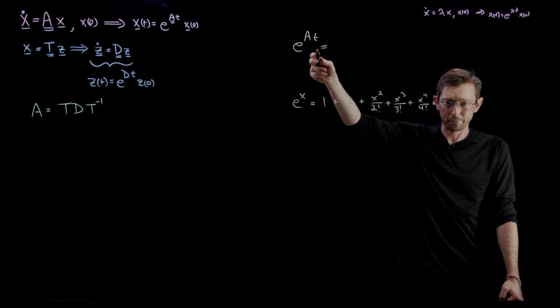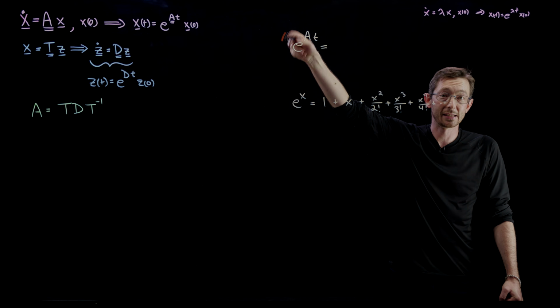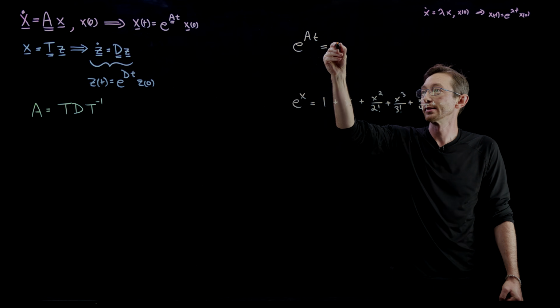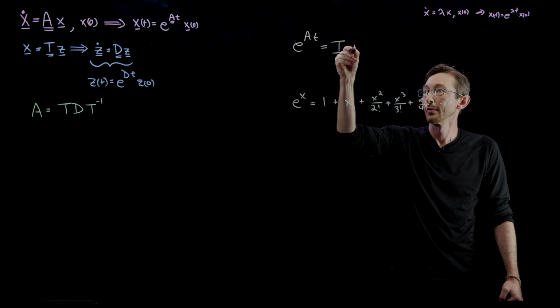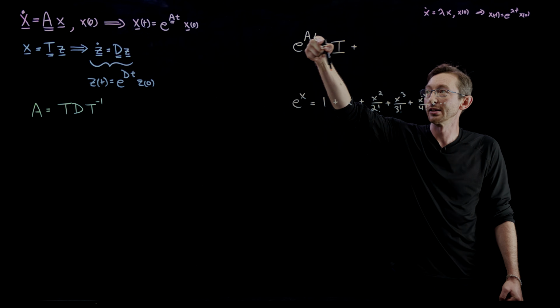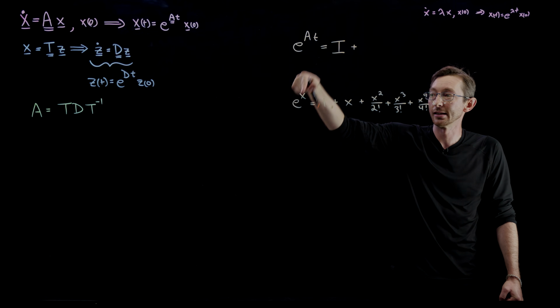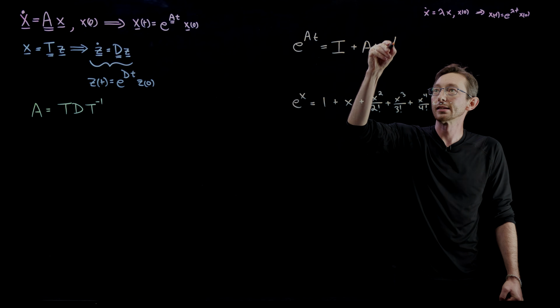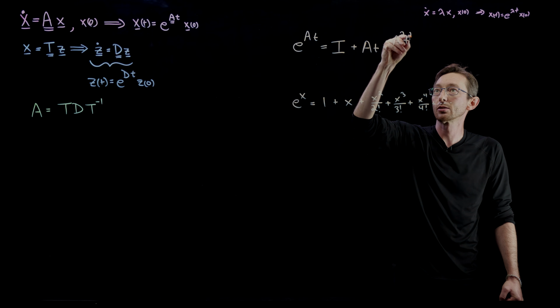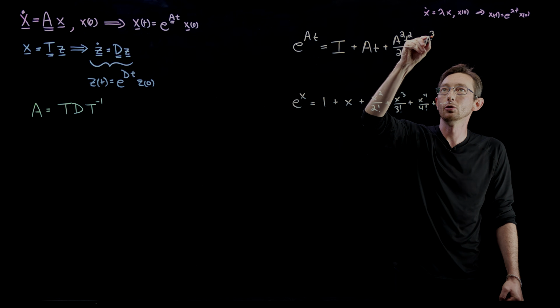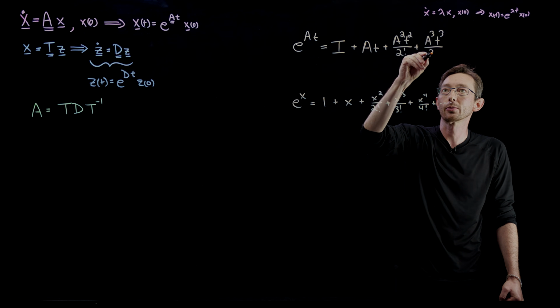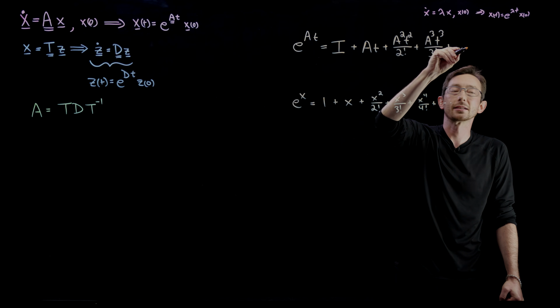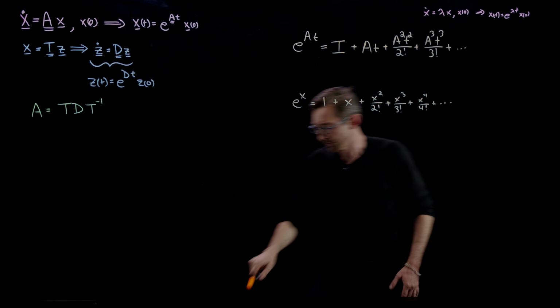And so this is going to be a matrix. This isn't going to be a scalar. So instead of 1, it's going to be the identity. And instead of x, I'm going to substitute in A t every time I see an x. So plus A t plus A squared t squared over 2 factorial plus A cubed t cubed over 3 factorial plus dot, dot, dot forever and ever.